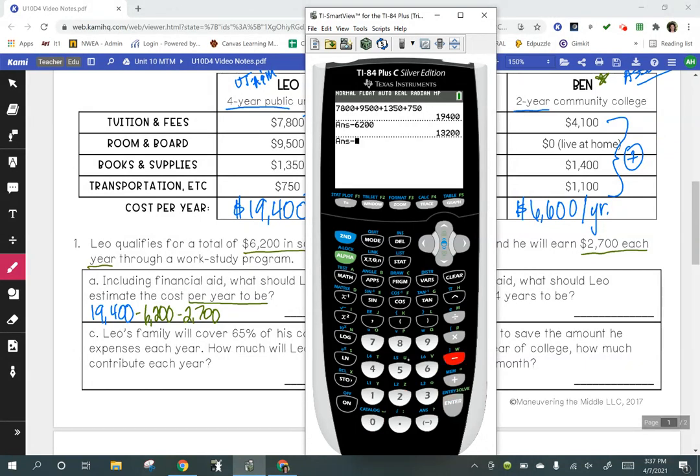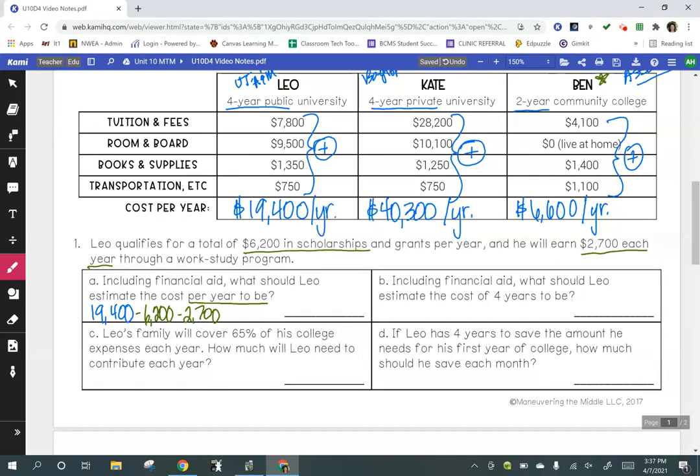Yay. And I'm going to subtract out the work study money he's going to make. So now he's down to $10,500 for his per year cost. So that does bring it down quite a bit.